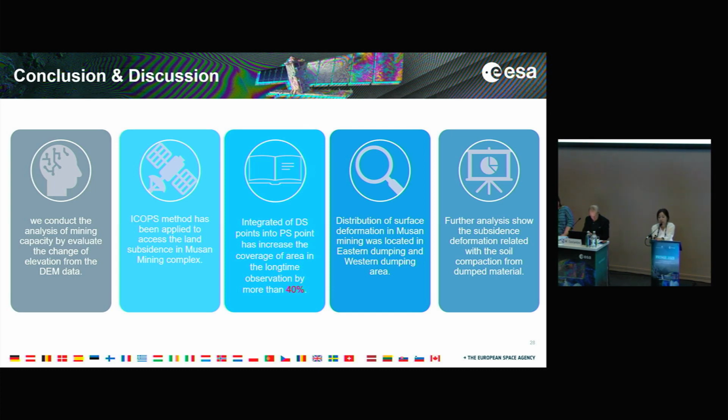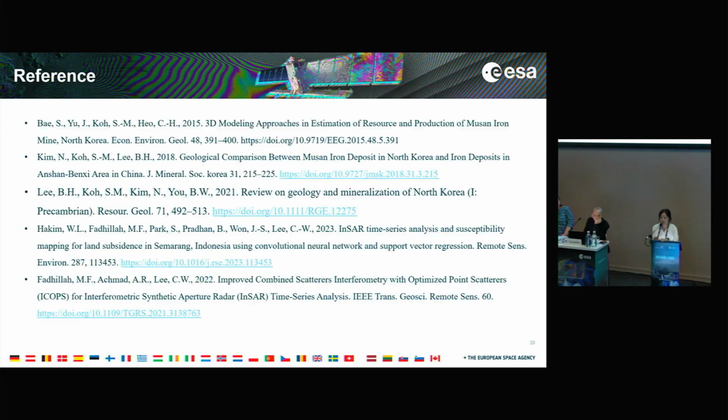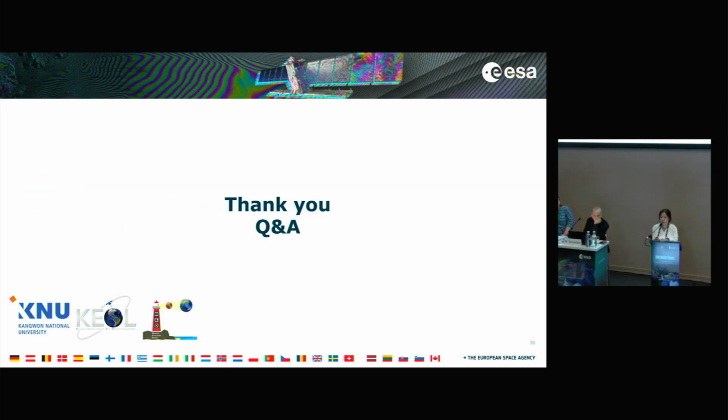And the distribution of surface deformation in Musan mining was located in the eastern dumping and western dumping areas. Further analysis showed the subsidence deformation is related to the soil compaction from the dump materials. Thank you for listening.